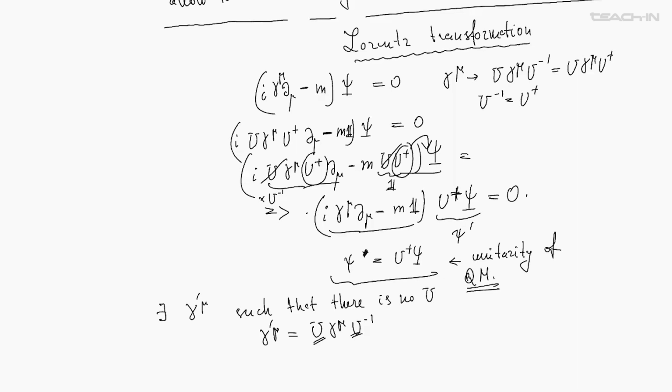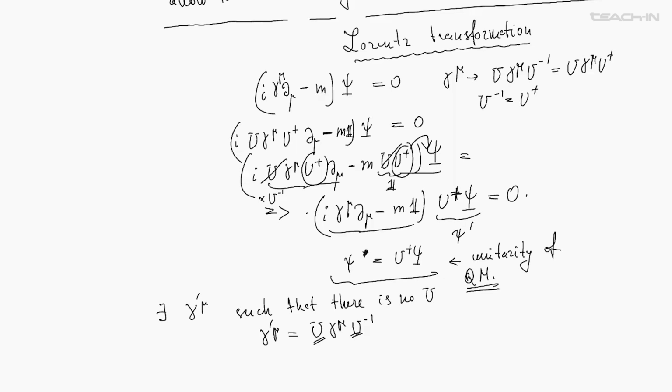And the answer is that in 4 dimensions, there is only one class of unitary equivalent gamma matrices. So all gamma matrices which satisfy the Clifford algebra and which satisfy these hermiticity properties, so gamma 0 is Hermitian, gamma i is anti-Hermitian, can always be related by means of a unitary transformation.